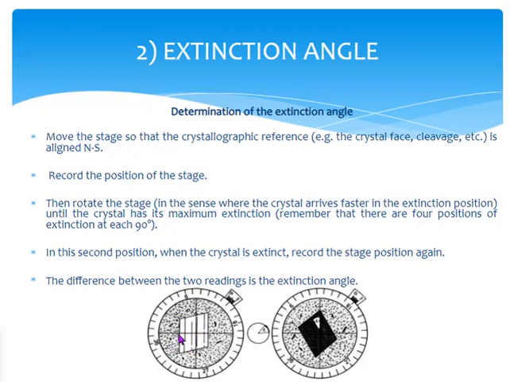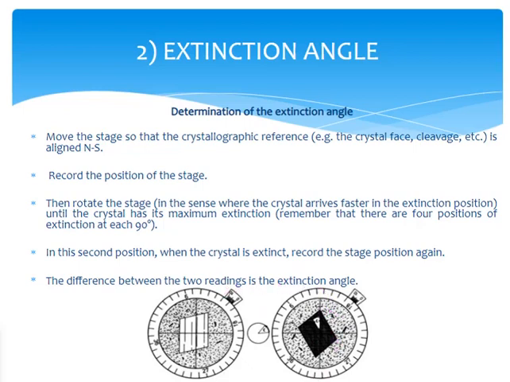In this position, the value of the stage is 0 degree. Then we rotate the stage, and when the mineral goes extinct, we stop the stage and record the value, and the difference between the two readings is the extinction angle.